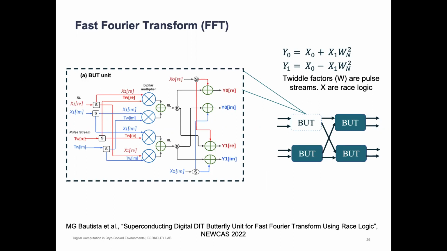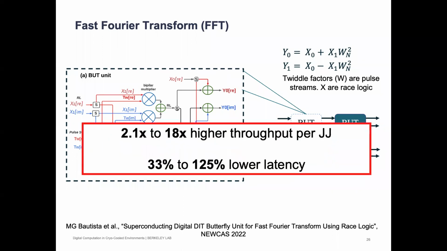And those are really commonly used in signal processing. It's what we try to do with the instrumentation. I'm going to come back to that later. Compared to equivalent binary, you can get 2 to 18 times more throughput per JJ. Again, performance over area is a key metric, and in some cases also lower latency.